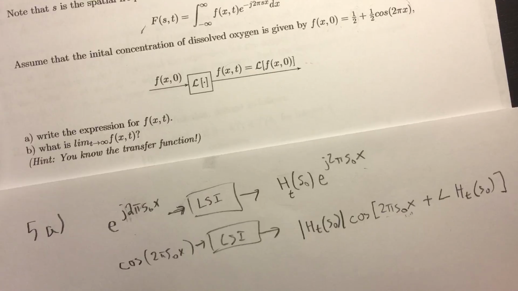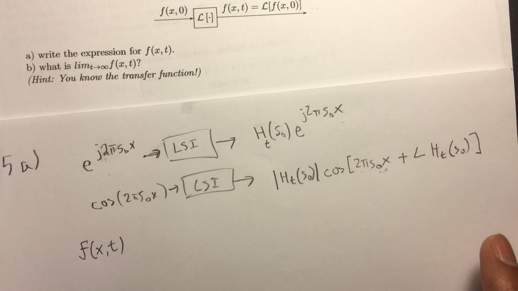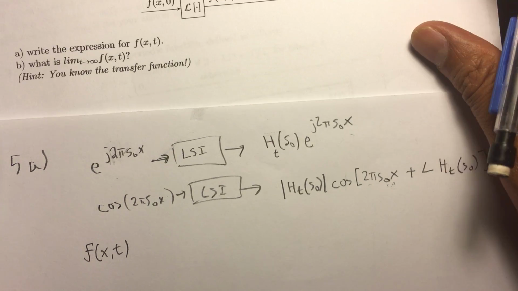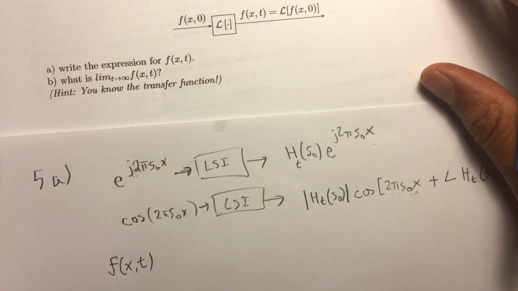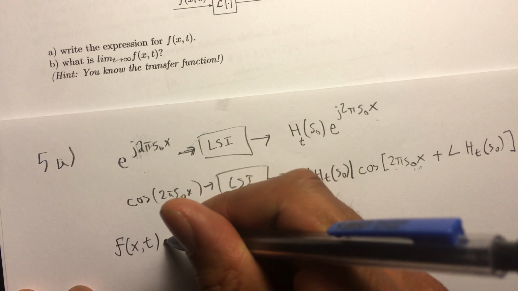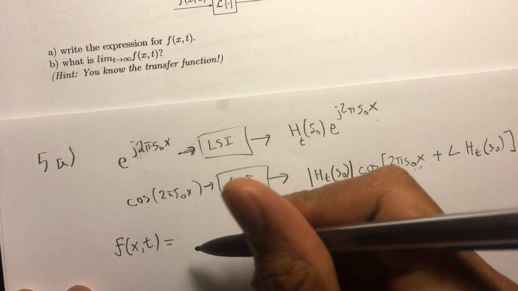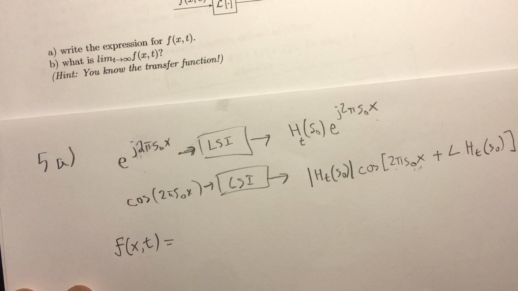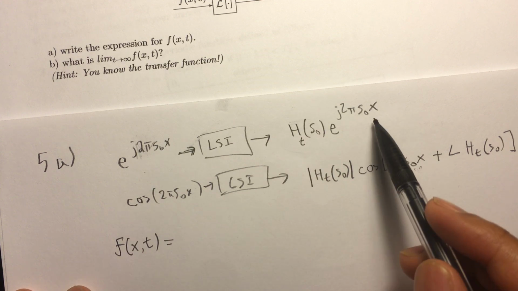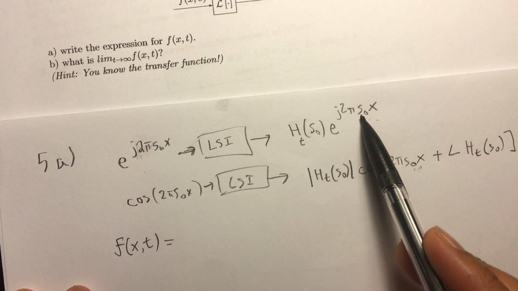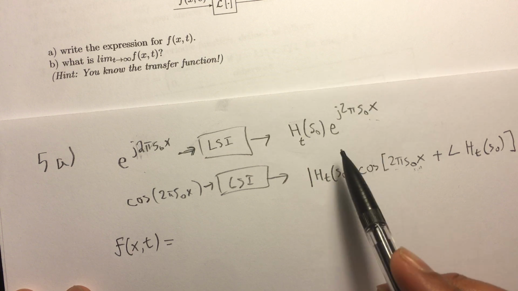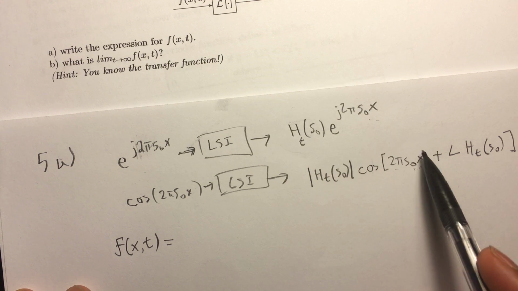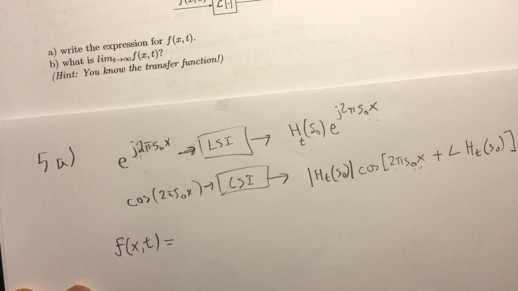So what are the corresponding outputs? Well, the 1/2 you can think of as a complex exponential with s naught equals 0, or you can think of it as a cosine with s naught equals 0.